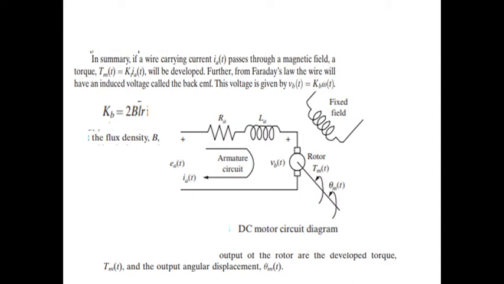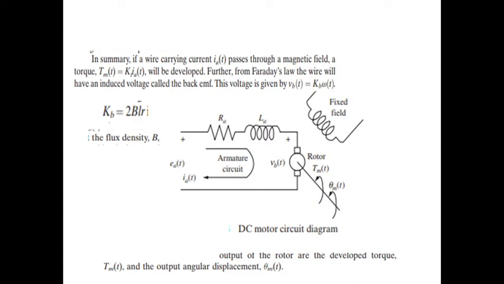When it rotates, it cuts the magnetic flux, so the flux linkage changes with respect to the coil. We studied that whenever any coil is rotating under a magnetic field, it generates electricity.